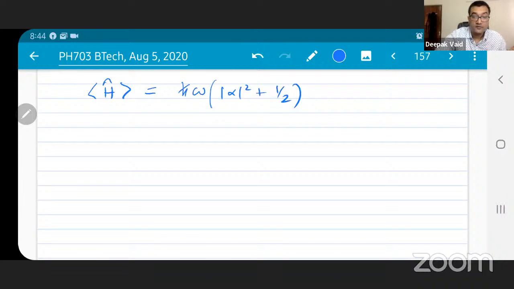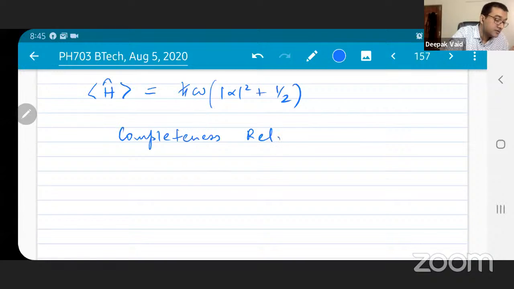All right. Now, let's see. We still don't have a proper definition of what these states look like, right? So let's try to understand what it should be. Now you remember the completeness relationship, right?